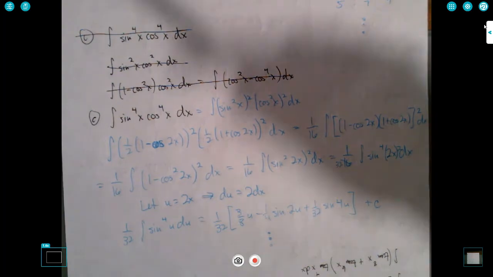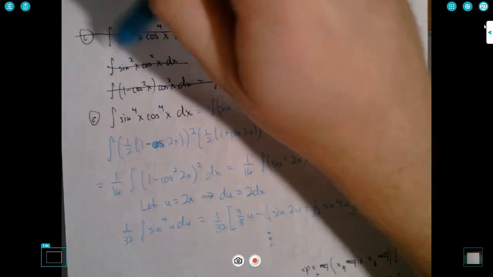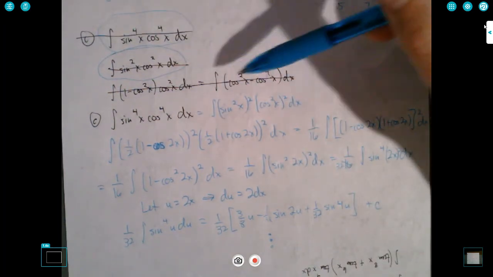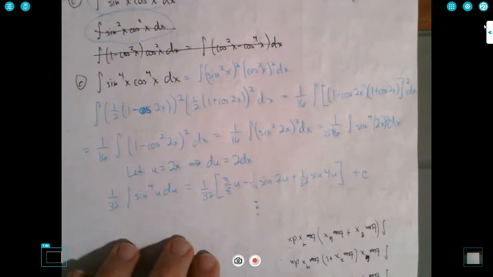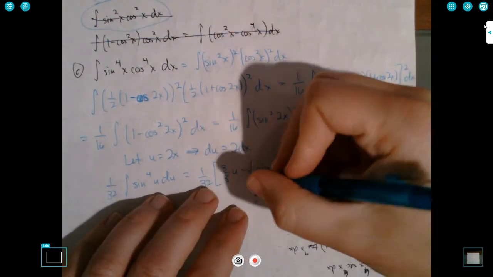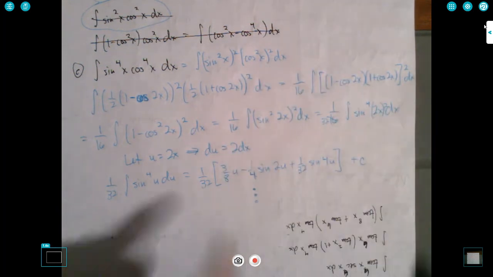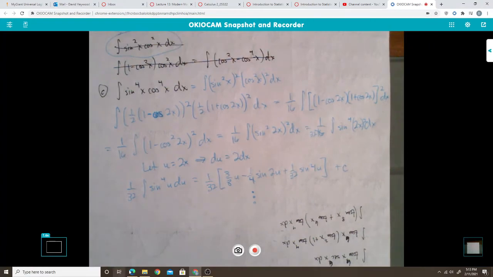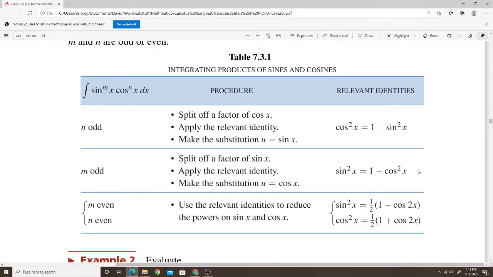Maybe, okay, this was for the easier problem, though. This was for sine squared, cosine squared. I bet for sine to the 4th, cosine to the 4th, it's going to be a lot more complicated. So this is just a more straightforward method. Anyway, so yeah. So that chart in your book is really nice. It's really, really good, concise advice for how to deal with this situation.